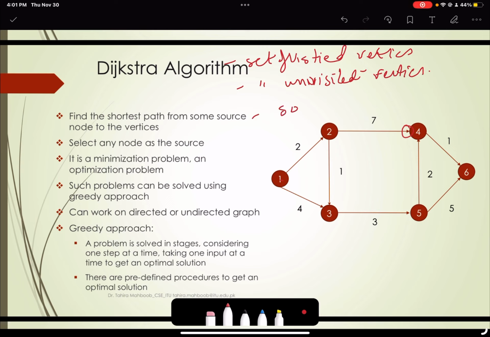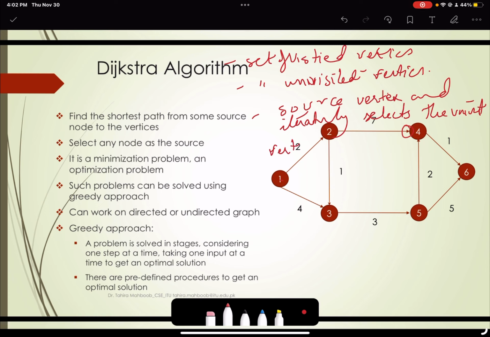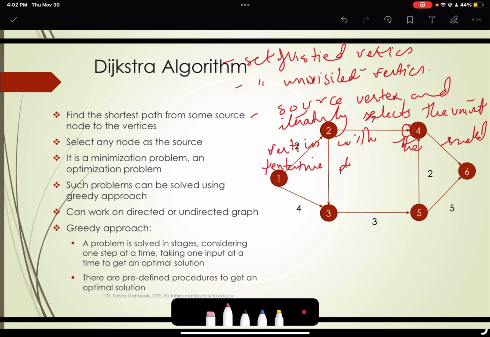It starts at the source vertex and then iteratively selects the unvisited vertex with the smallest tentative distance from the source.